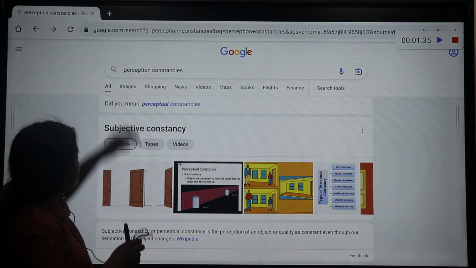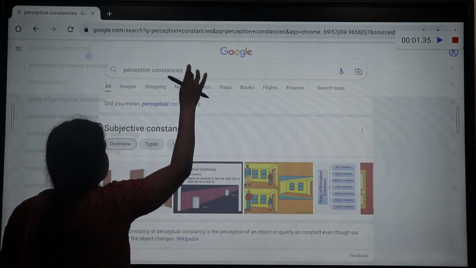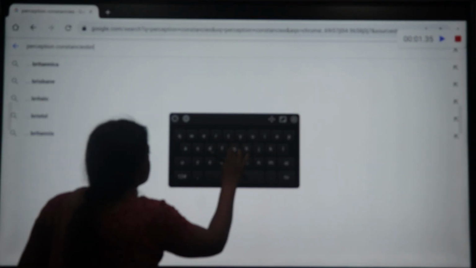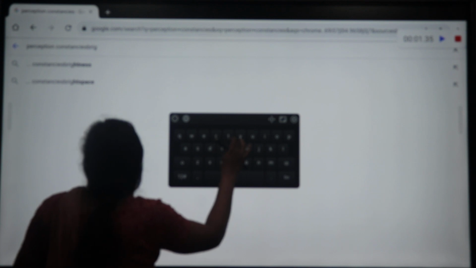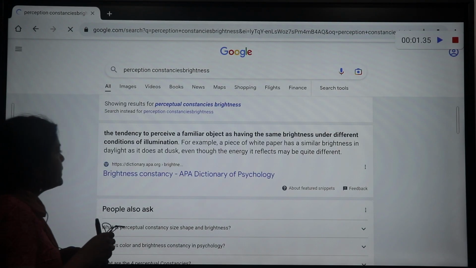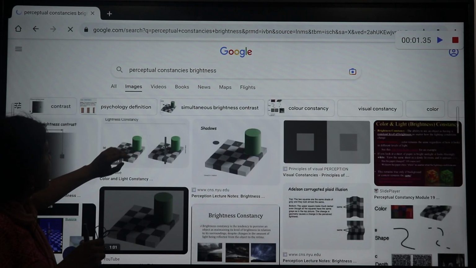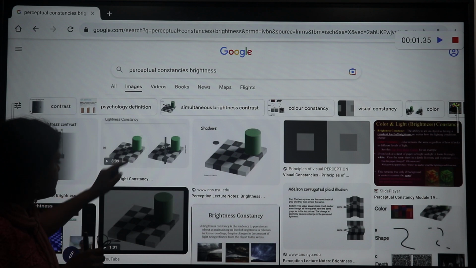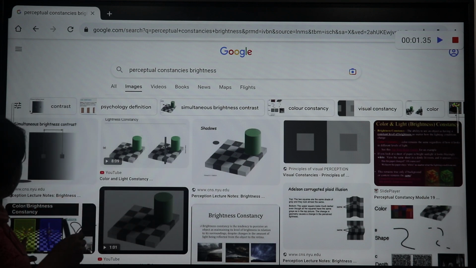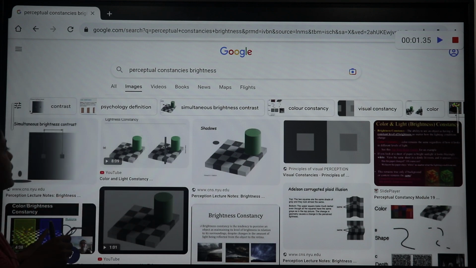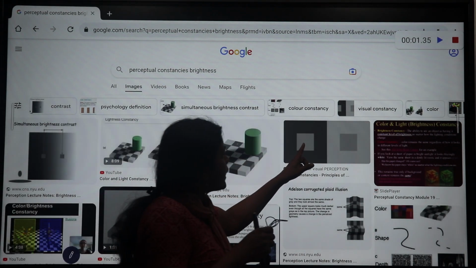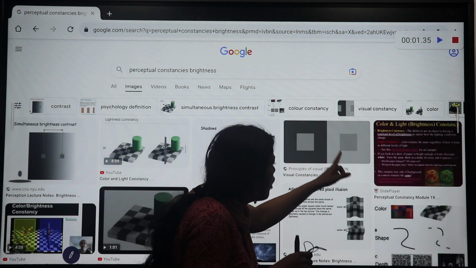Then there is brightness consistency. Consistency of brightness talks about how we perceive whether this is light or dark, whether this is a different color or the same color, whether this is grey or this is on a background of grey.